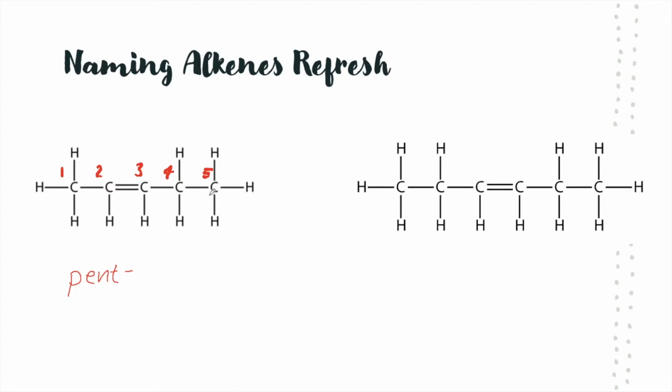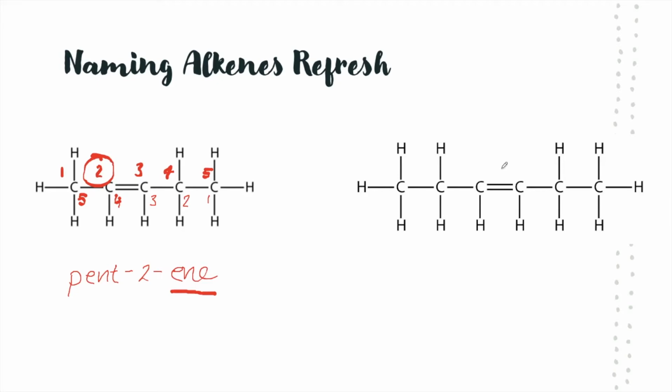If we were to start in this direction, it would be on carbon 3. So we want to select the lowest possible number for our double bond, and we pop it in the middle of the name, and we finish it off with the ending ene. So remember, all of our alkenes end in "-ene".